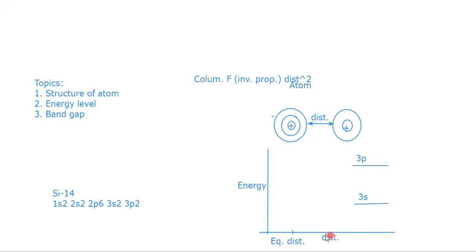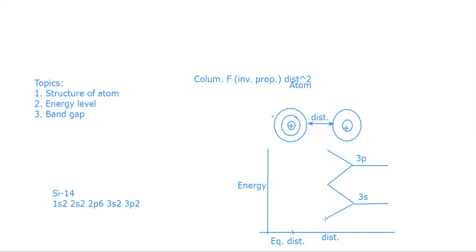When you decrease the distance, at a certain point the energy levels are going to split. That means every energy level is going to split up into two. See, it is going to split up like this. We do not mention the lower energy levels because they do not participate.